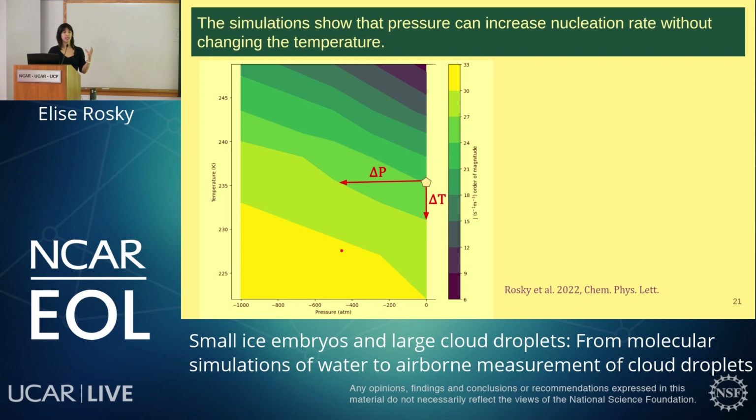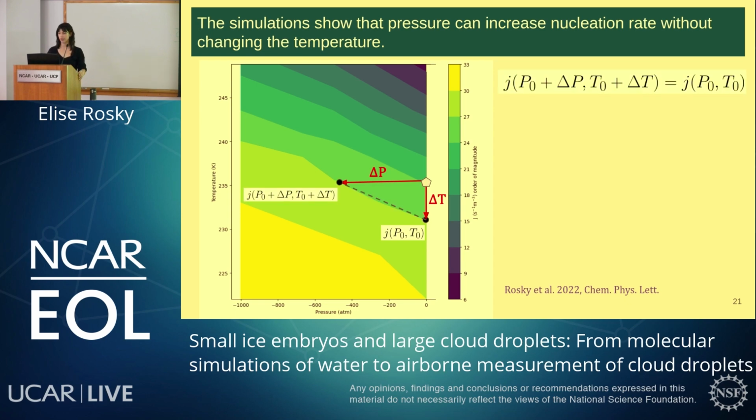So we wanted to see if we could write some equations for this trend. So we used the pressure-dependent nucleation rate that I showed earlier, and set them equal to each other at 2 points along this curve.